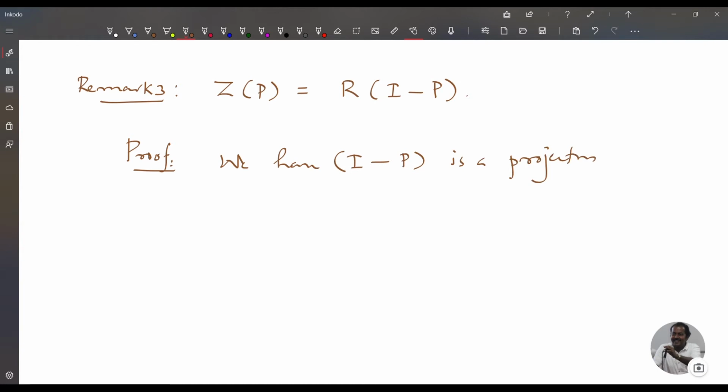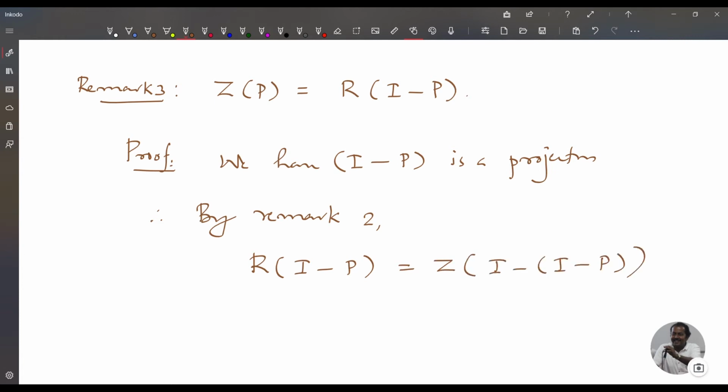So in remark 2, you replace P with I minus P. Therefore, by remark 2, the range space of I minus P is equal to the 0 space of I minus P. So this is the 0 space of P. So this proves this remark: the 0 space of P is the range space of I minus P.